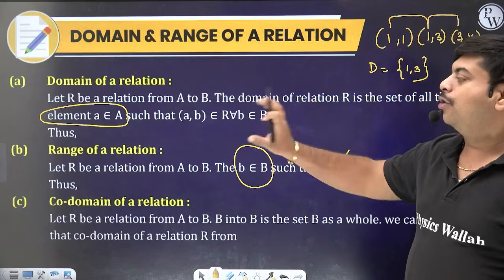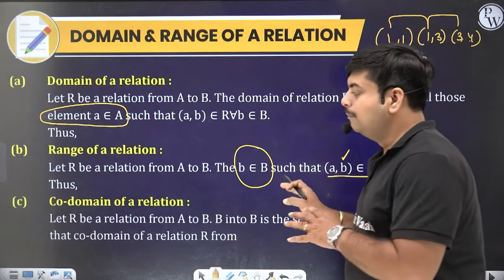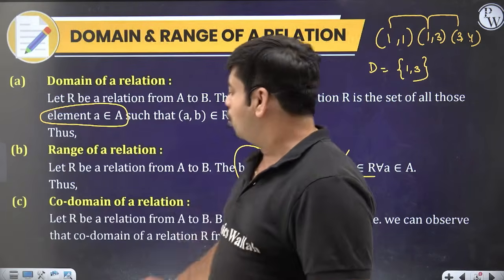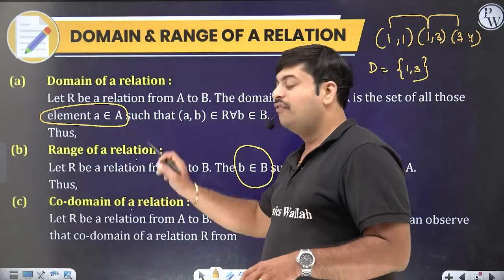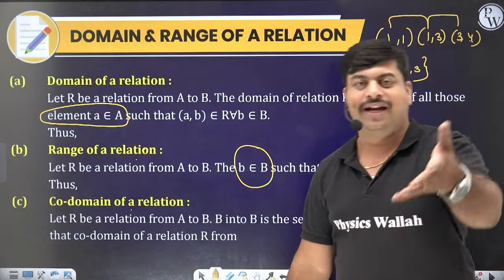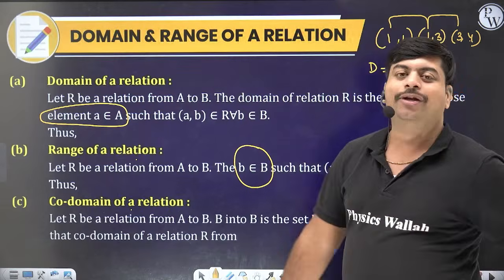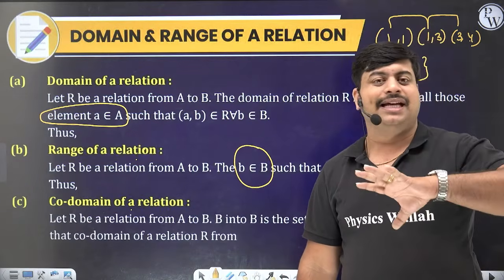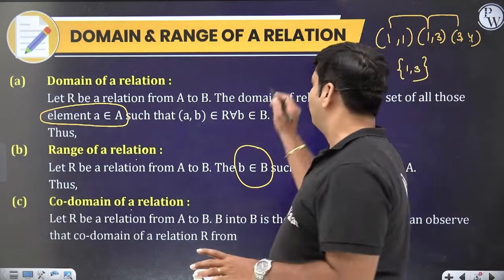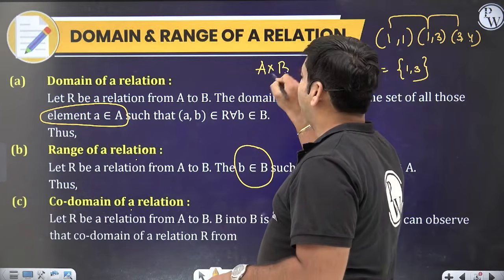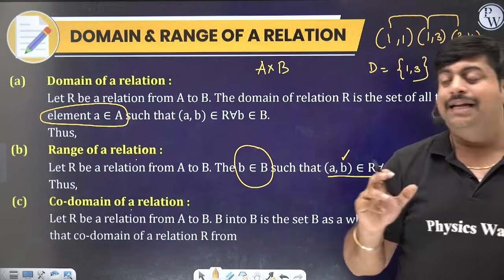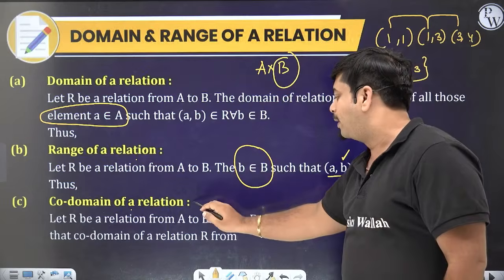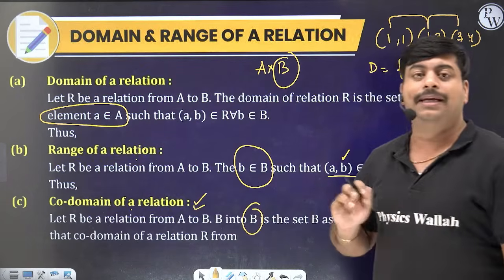When domain and range are clear, now come to the confusing term, that is codomain. Codomain and range always fight each other. I mean to say, you make mistakes among these. Remember, the second set, the set B, when we are talking about A cross B, the complete set B is called codomain.